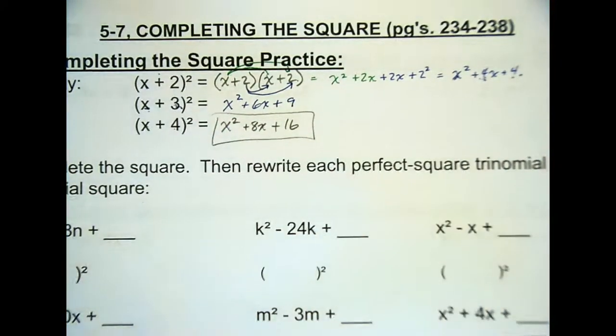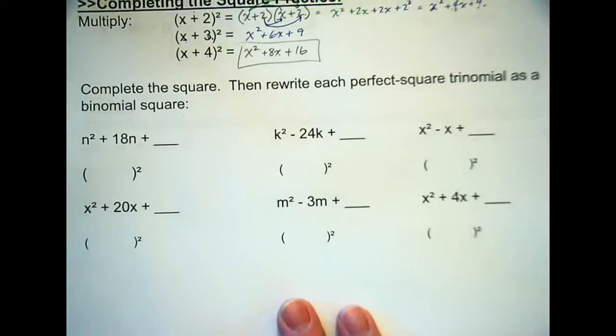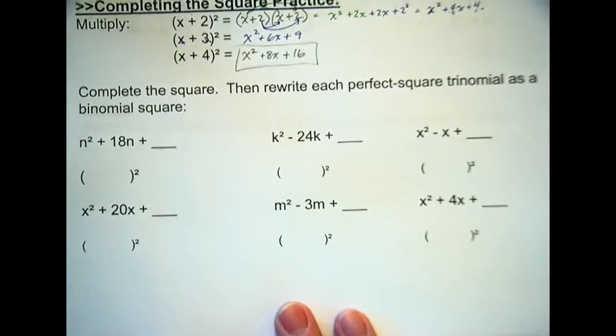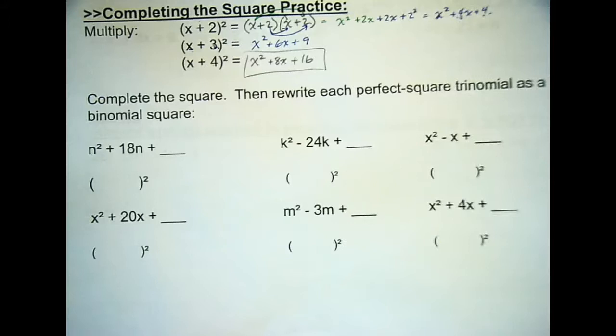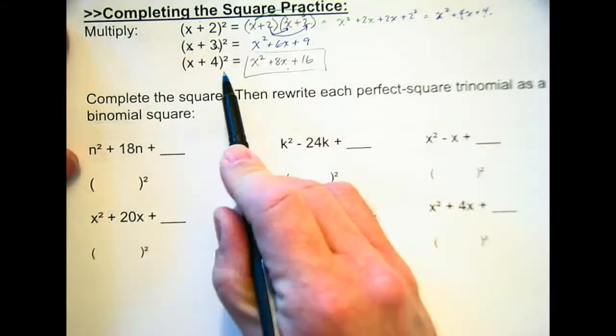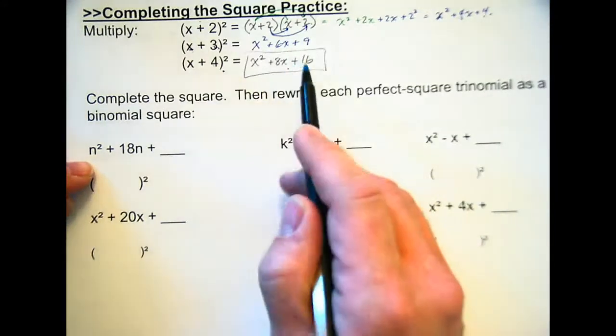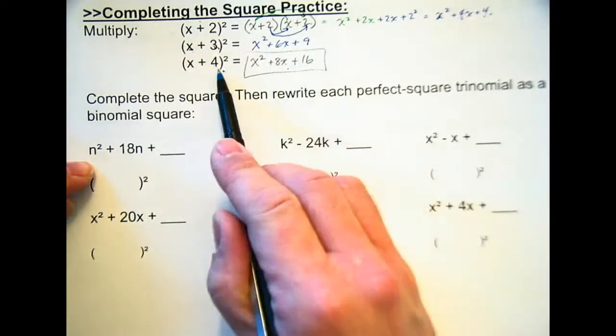All right. Well, let's use that pattern now to complete the square. Complete the square of each perfect square trinomial. Well, we know that if I'm going now from this form to that form, which is what I'm doing down here, which is the process we're going to have to use, we're going to have to go backwards now.